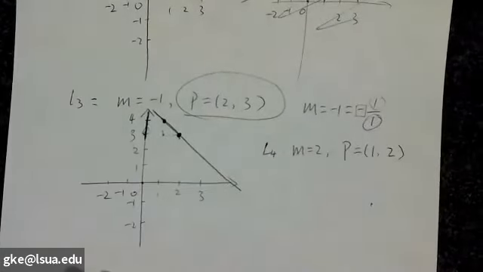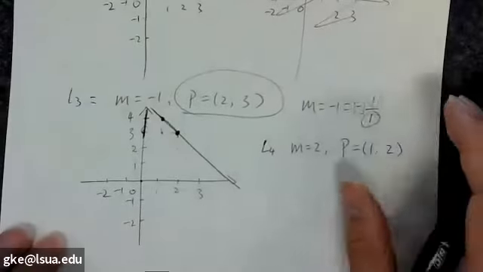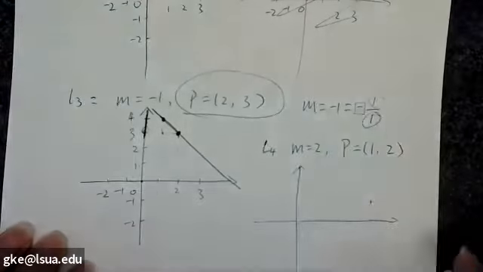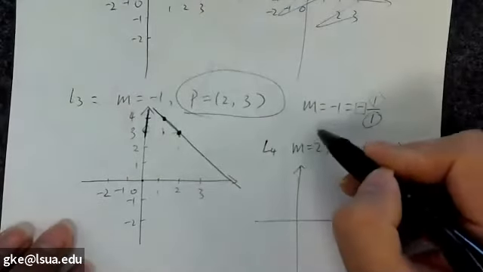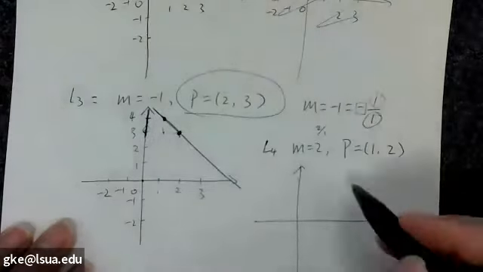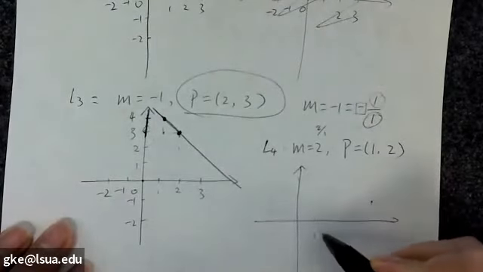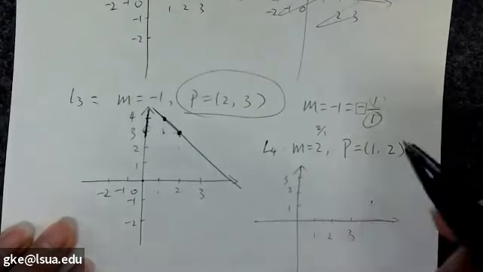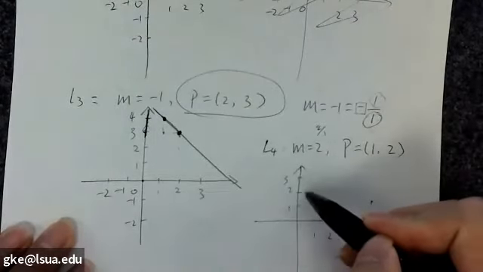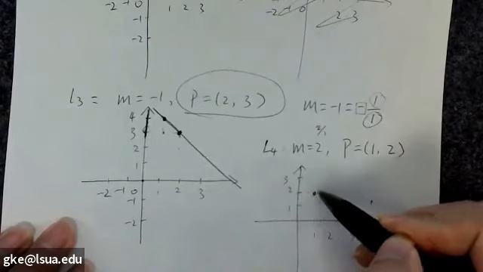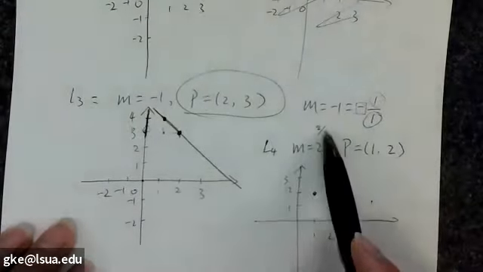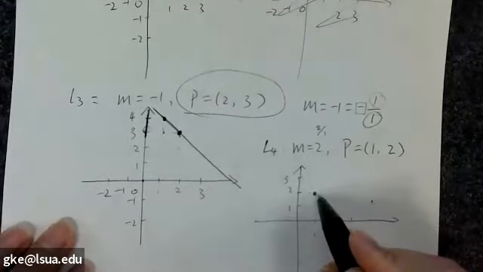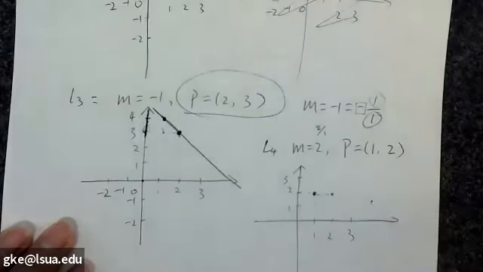Okay, so for this one, we have a slope of 2, right? So that means 2 over 1. So the first thing you can draw is the point 1, 2. Since here is 2 over 1, that means the denominator is 1. We're gonna move forward 1 unit.